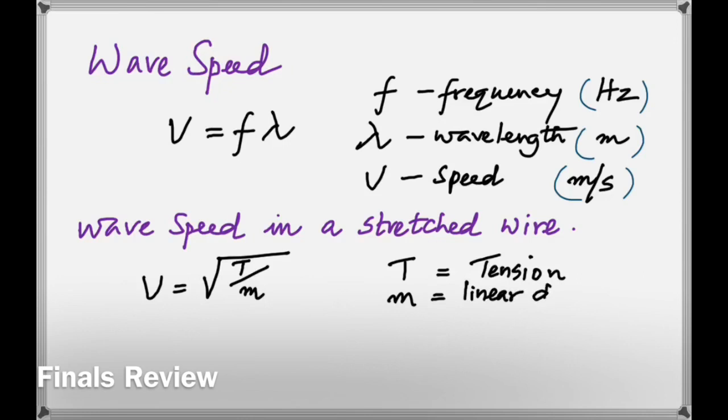Mu is the linear density. Remember I told you, what do you mean by linear density? Mass of 1 meter of the string. All right, now I changed the T to FT so you don't get confused with time period.